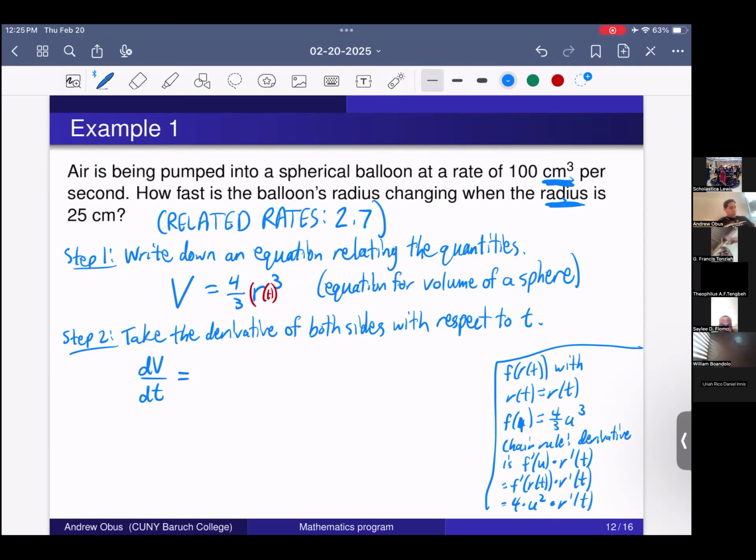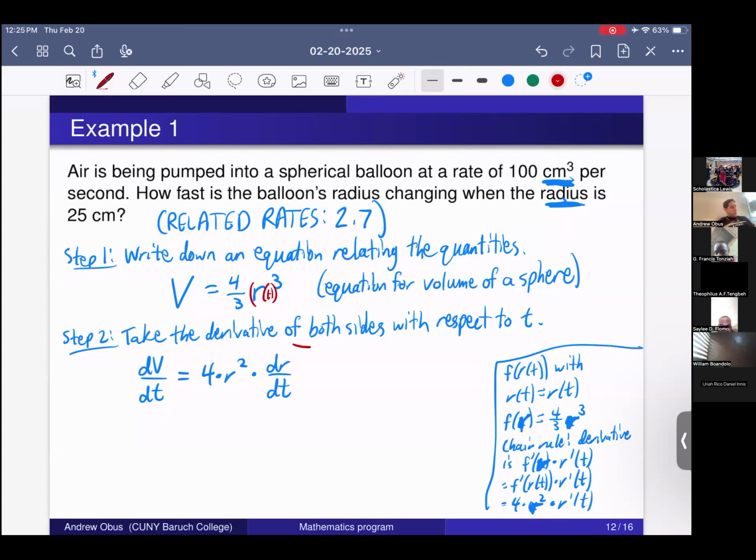So maybe I should just call this r instead of u. So it's f prime of r times r prime of t. The upshot is, when you take this derivative using the chain rule, you're going to get 4 times r squared, and then times this extra r prime of t, or we can write it dr/dt.